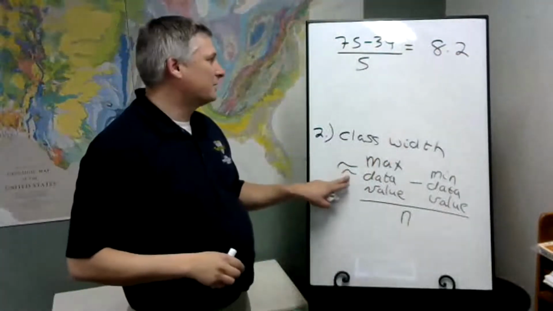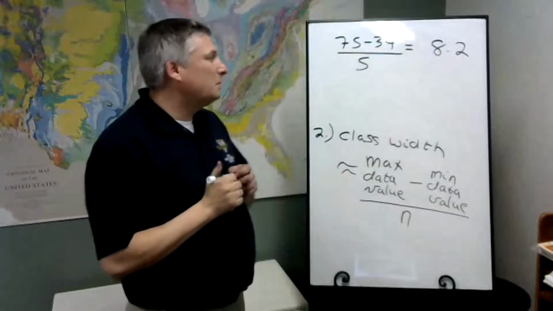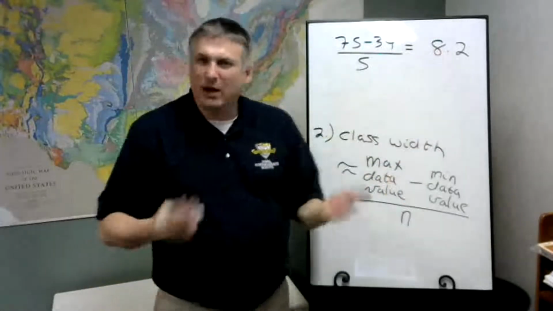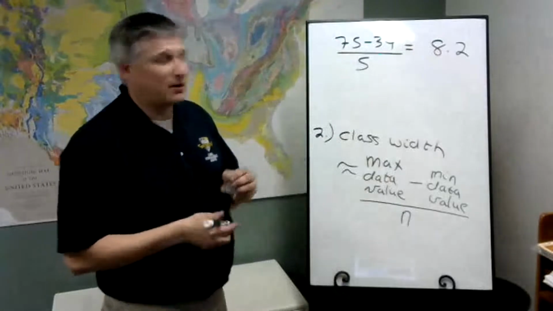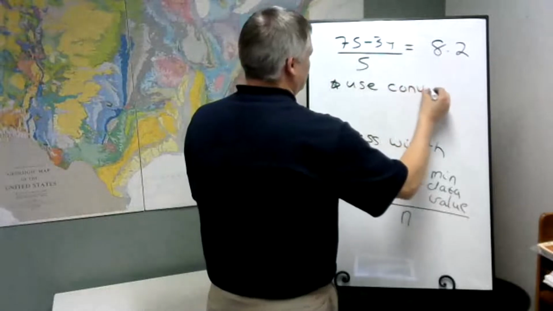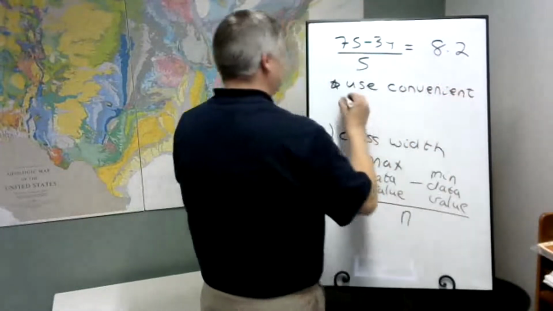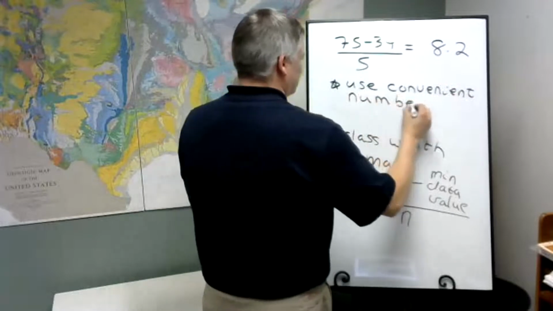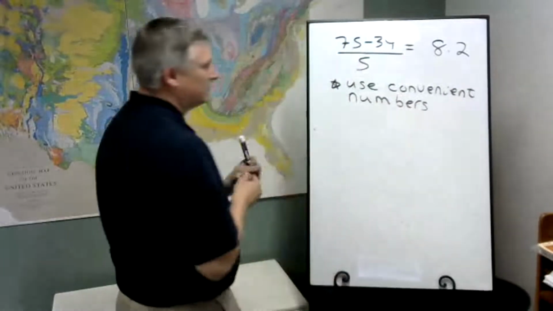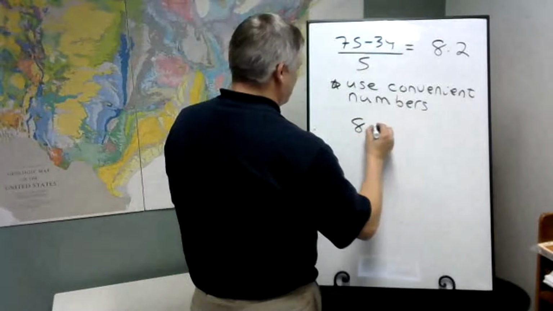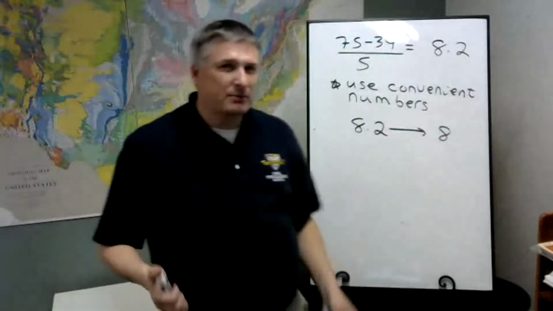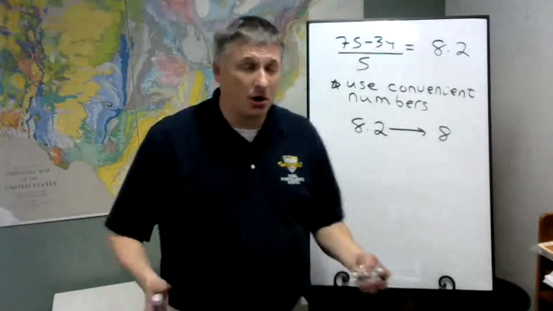Now, I put an approximate here. What I end up doing is I tried constructing my classes using 8. I rounded down. The author recommends use convenient numbers. So the first thing that I did is I rounded 8.2 down to just 8. And when I constructed my classes, they turned out to be too small.